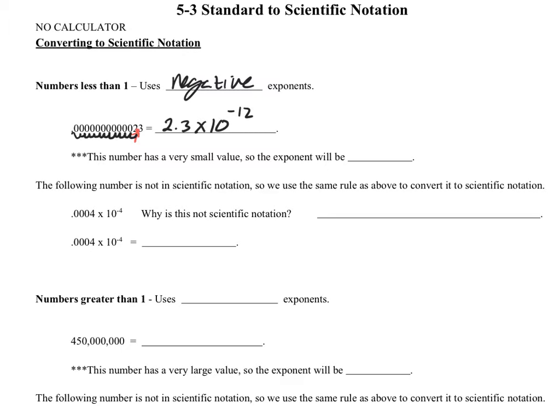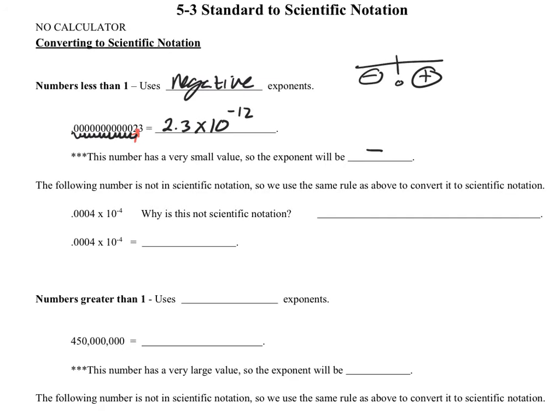If you think about a number line, negative values are to the left of 0. So if we were to put this scientific notation number into standard form, that negative tells us to move the decimal point to the left. When we're working with these very small numbers, we're always going to have that negative exponent.